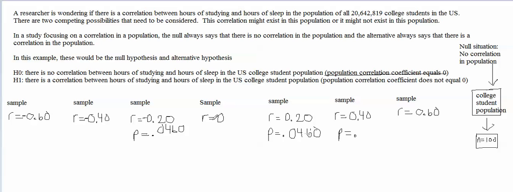Now, what I want is to find an outcome that has a p-value above 0.05. So maybe I'll put something in here. I'll have a sample where the correlation R is 0.10, which is a really weak positive.